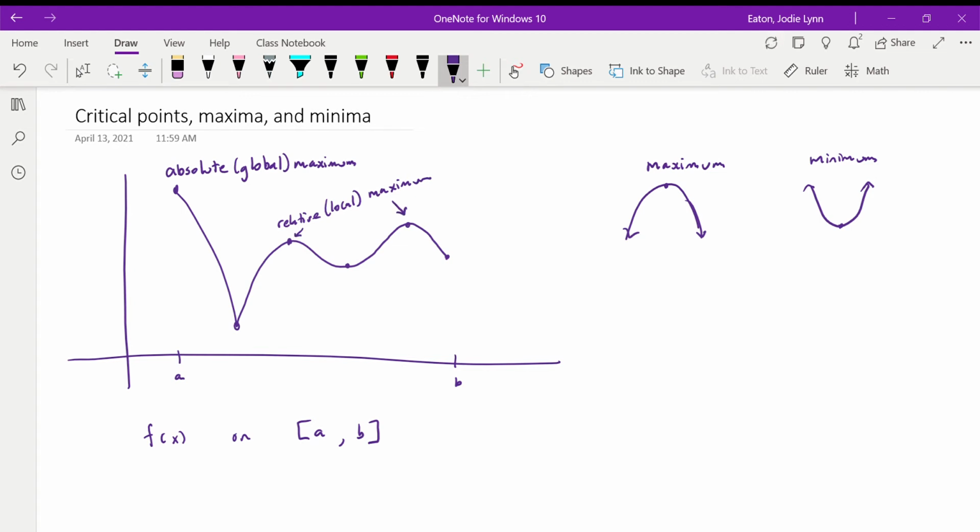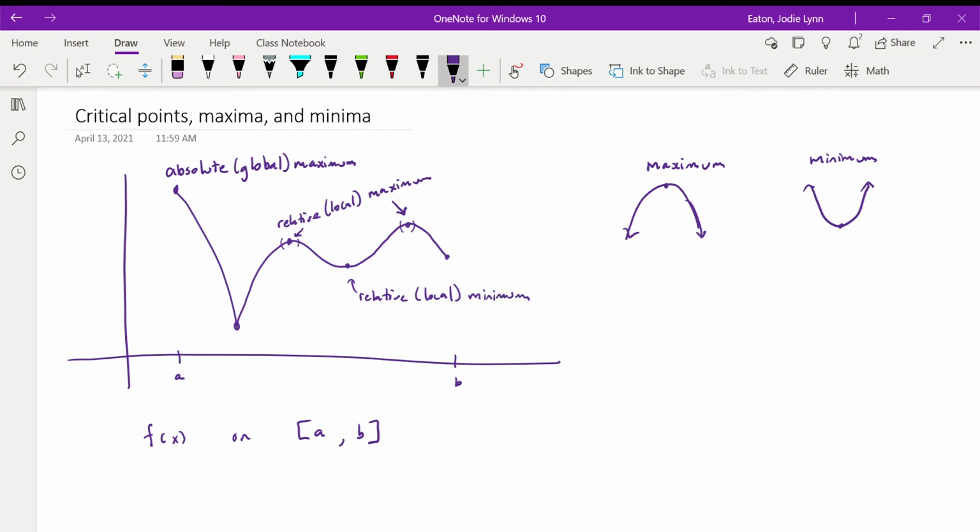So a relative or local maximum, we'll talk about the precise definition, is the maximum for some open interval that's right around that point. Similarly here, we can call this a relative or local minimum. So it's the lowest point around, but it's not necessarily the lowest point on the whole function.